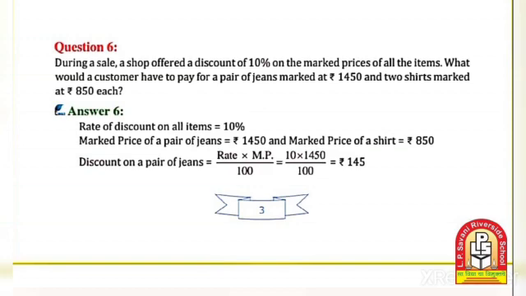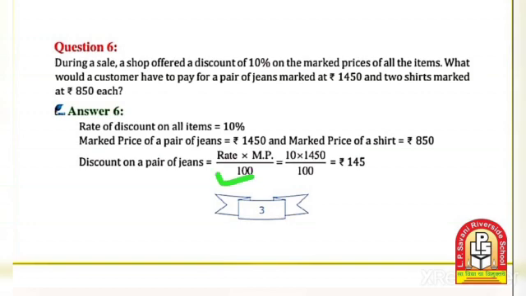Here, the rate of discount on all items is 10%, and the marked price of the pair of jeans is 1450, and the marked price of a shirt is 850 for each. Discount on a pair of jeans is rate multiplied by marked price divided by 100.